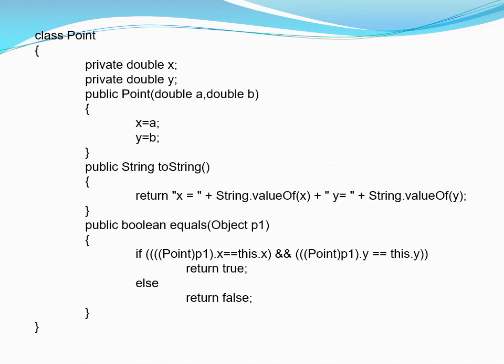So I should get something like x equal to some value, y equal to some value. This executes when we call the toString method of the Point class, so the toString method of the Object class is overridden by this implementation in the Point class.